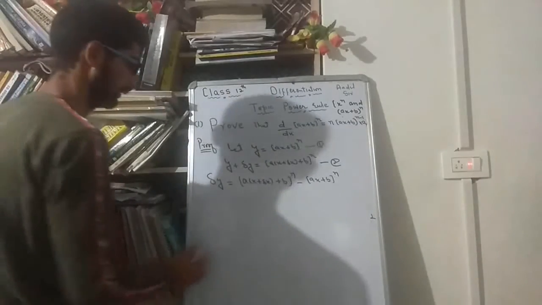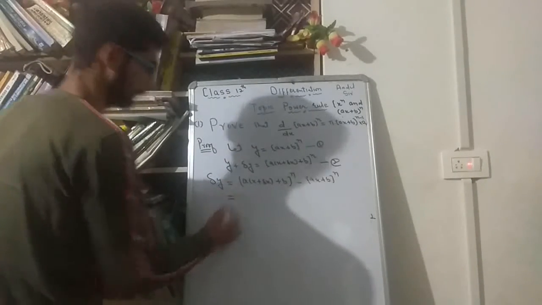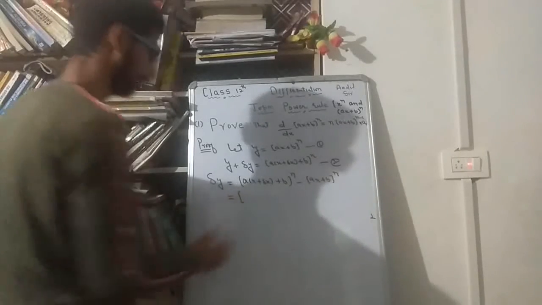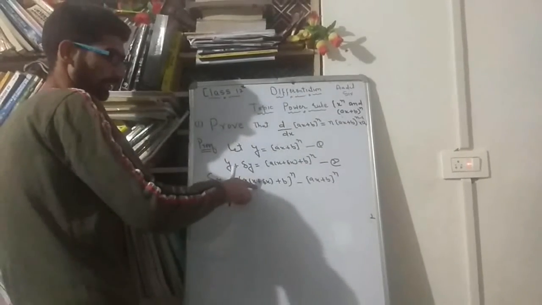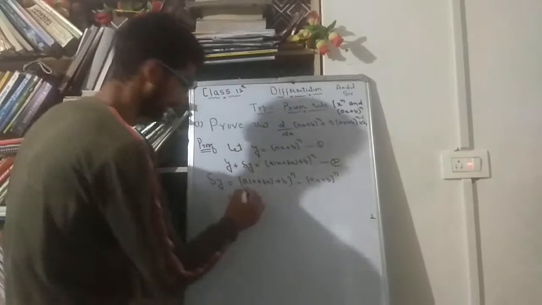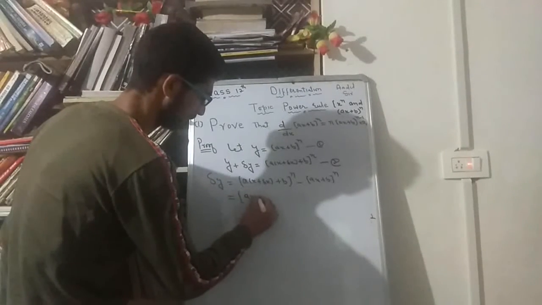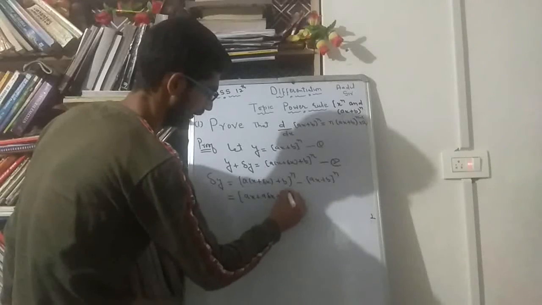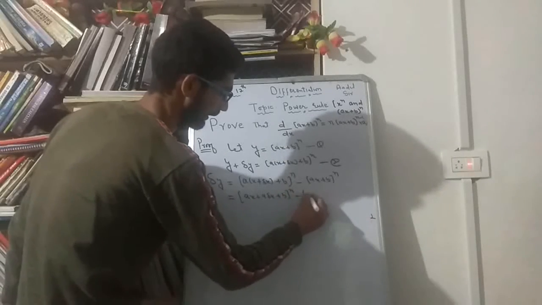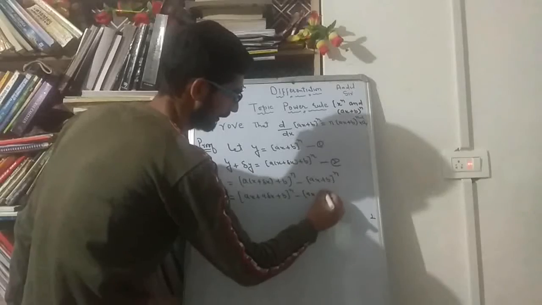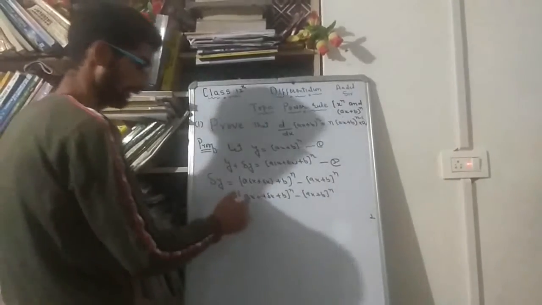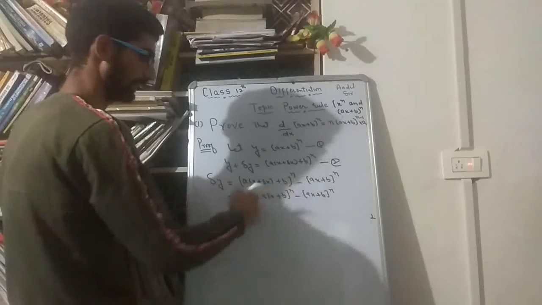So now it is equal to, check here, ax plus a del x plus b, raised to n, minus (ax plus b) raised to n. So we will make this ax plus b a factor and take it out.